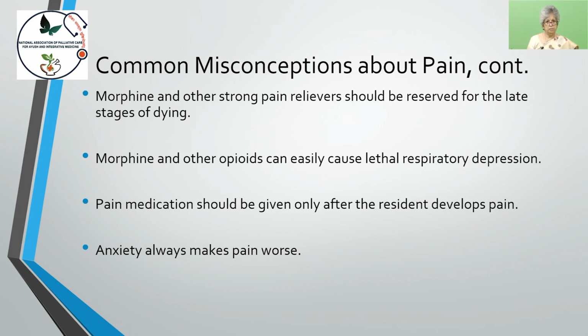There are many misconceptions about cancer pain management. When we start morphine as a treatment of cancer pain, in many patients, they refuse. They say, no, keep this drug for the last time. They feel morphine is the drug to be given only when the cancer is in an advanced stage or in the last stage. It is not true.